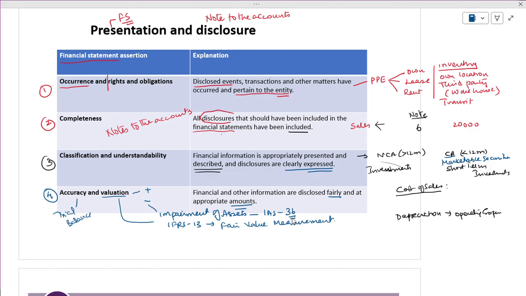If you go through my Word file which I have sent for the assertions, I have made a columnar layout showing where it will occur in all the cases. Completeness will be there in all the cases. The explanation will be different, but this assertion will be there in all the cases.